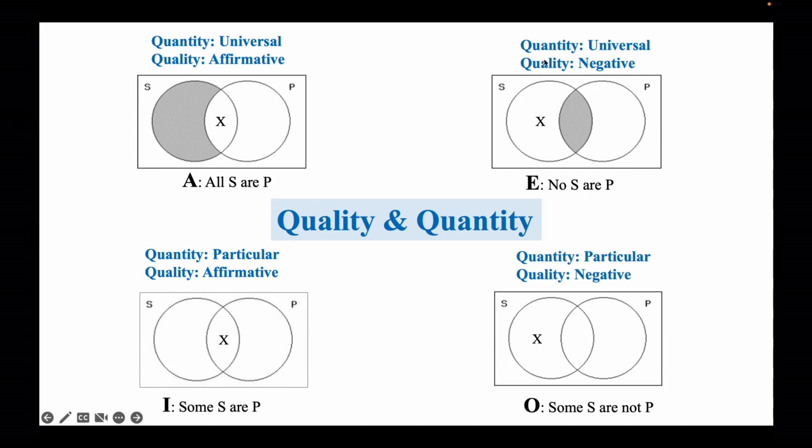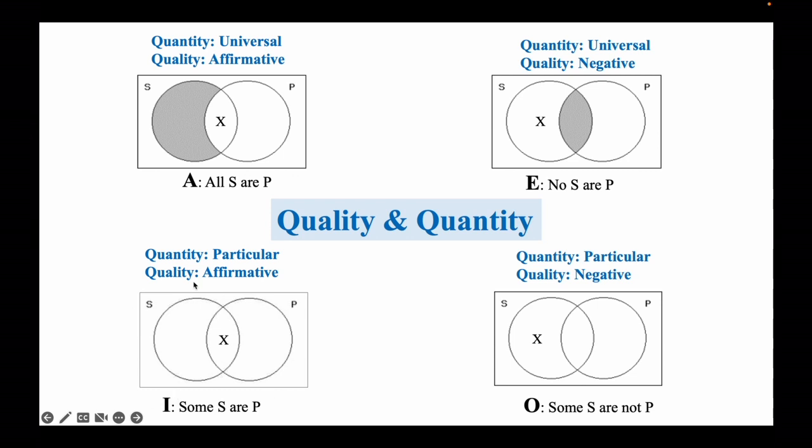Now the E form, I was saying the quantity is obviously universal because remember that it makes a universal statement. It says no, not even one S is P. But the quality is negative because it denies of all. On the bottom, there are corresponding particular statements, particular forms, or subalterns.